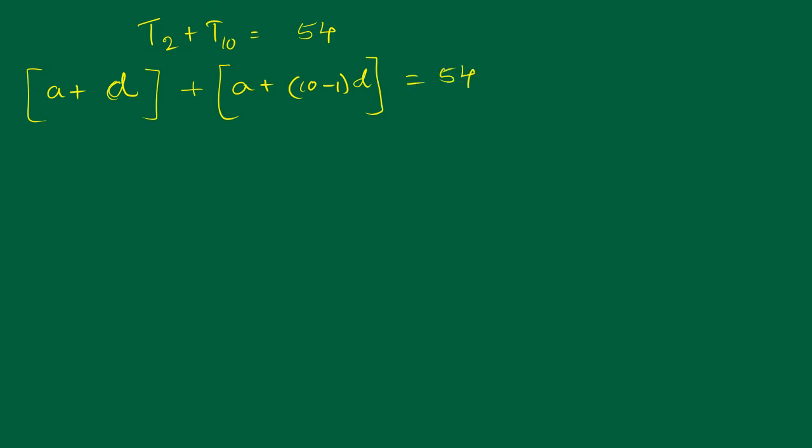That means you can get 2a plus 10d equal 54. This is the second one, right? So you can solve these two equations and you can get the answer for d and a.